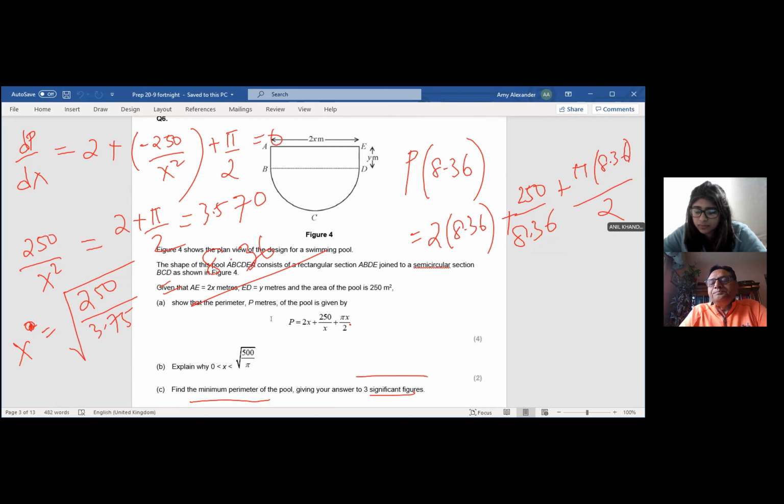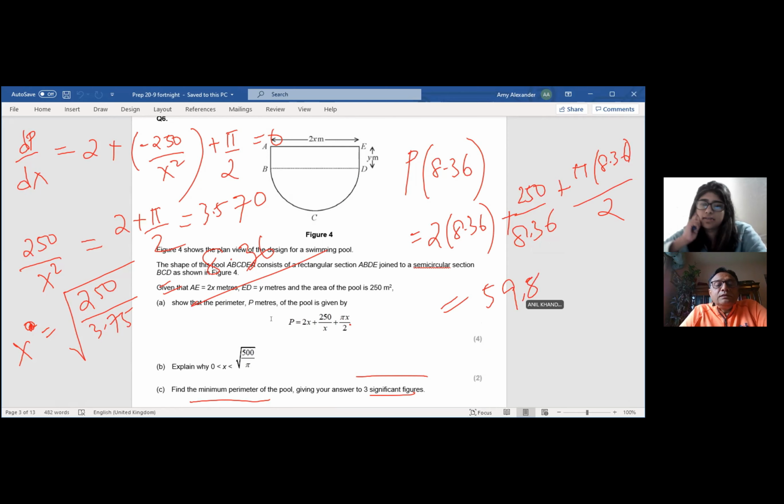Is it okay? Calculate this. 59.75, so 59.8 to 3 significant figures.